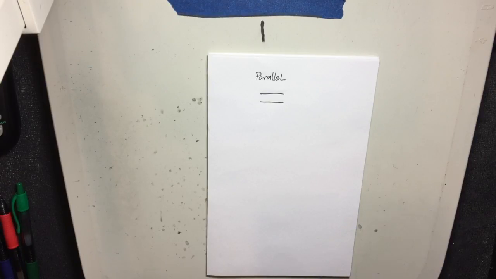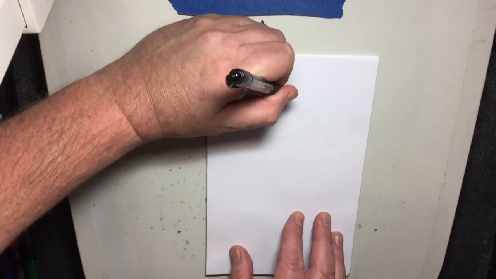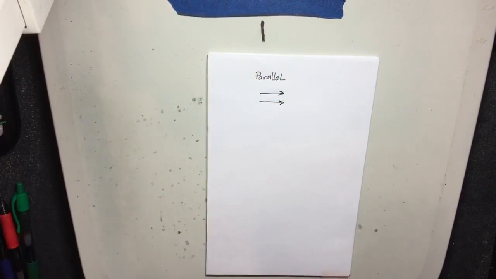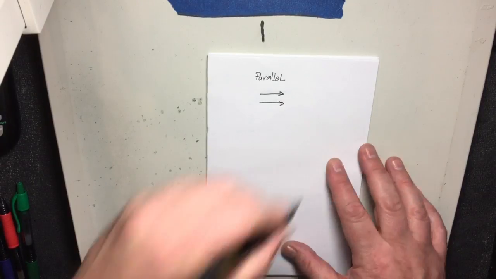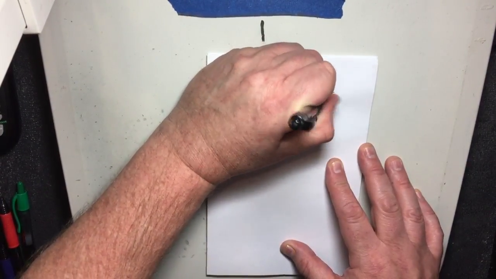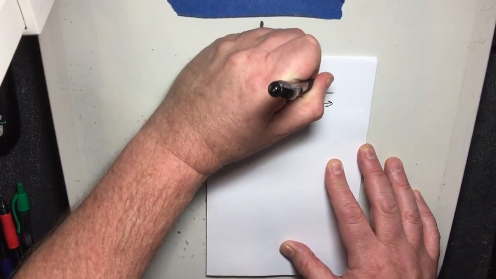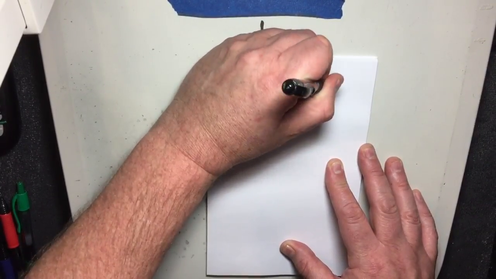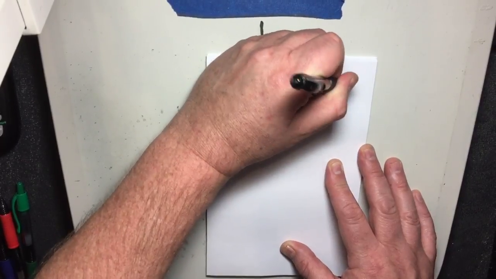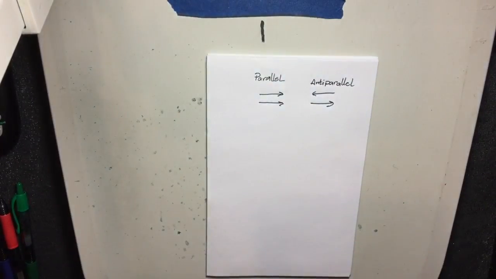But in physics, we have a new term, parallel. The vectors, the lines or arrows, the arrows are pointing in the same direction. So if you have parallel, and this is called anti-parallel, where again the lines don't meet, but they're in opposite directions.